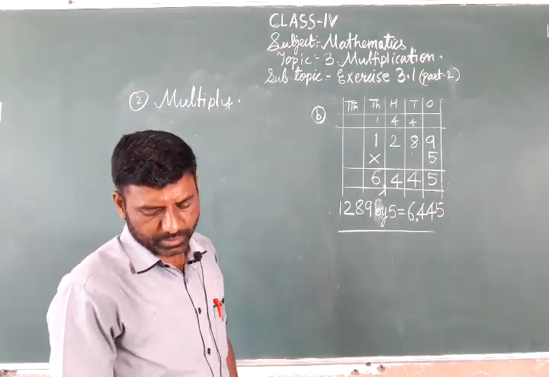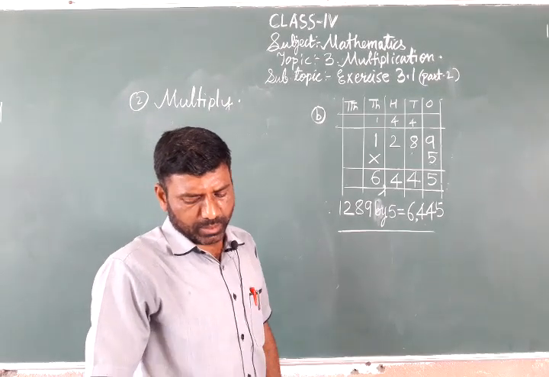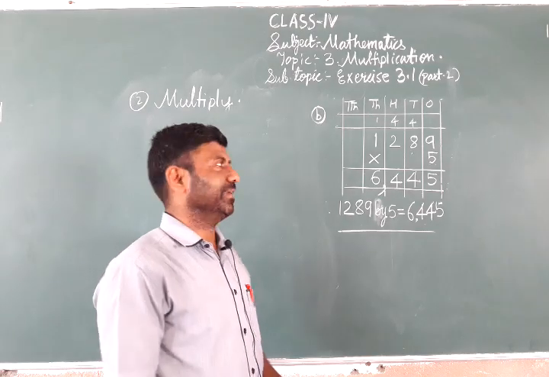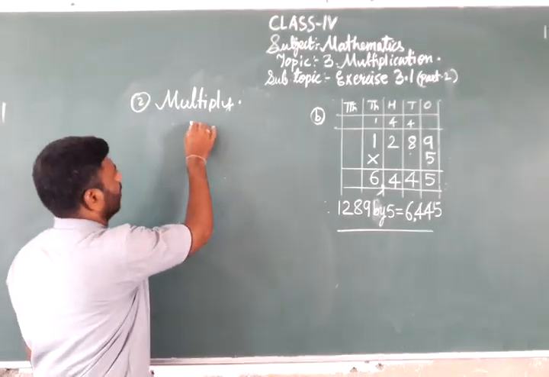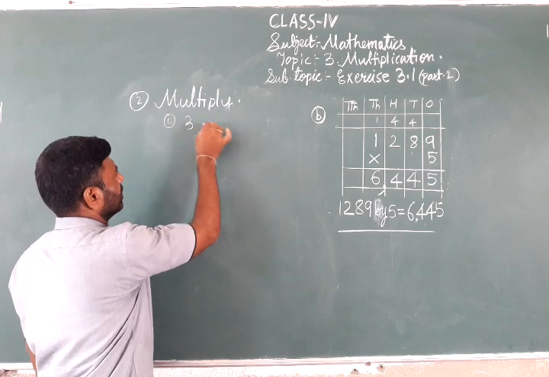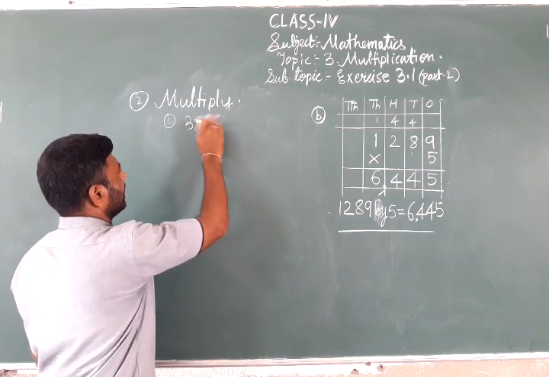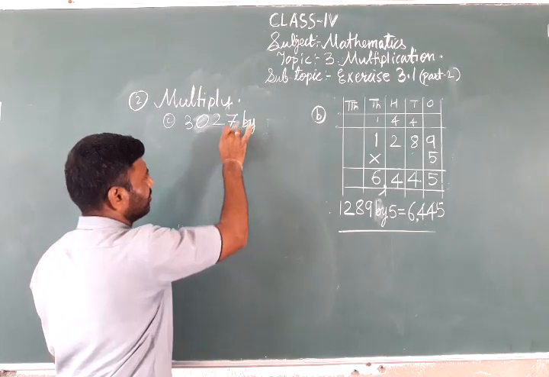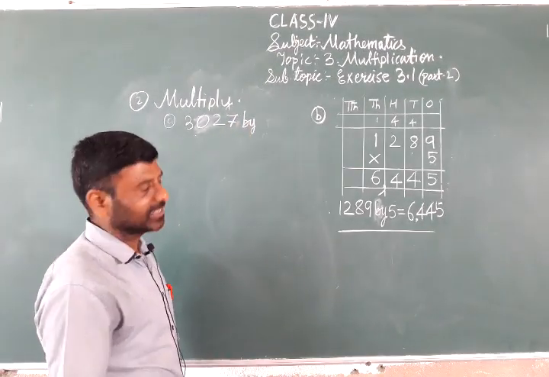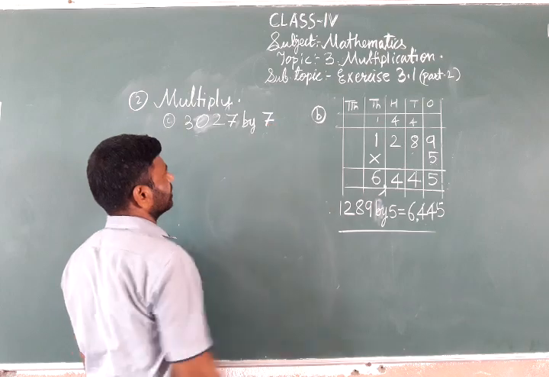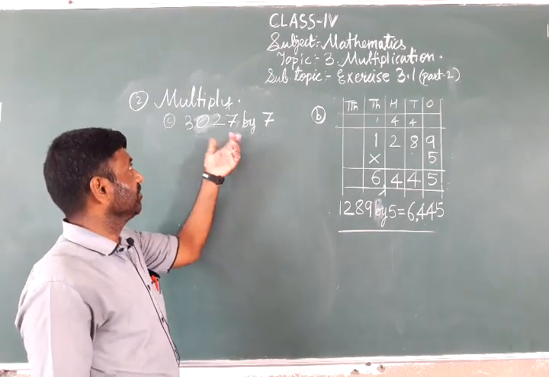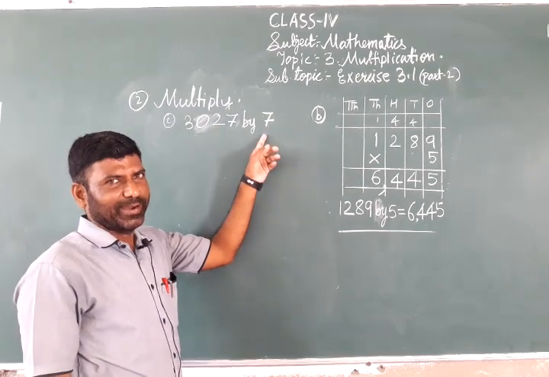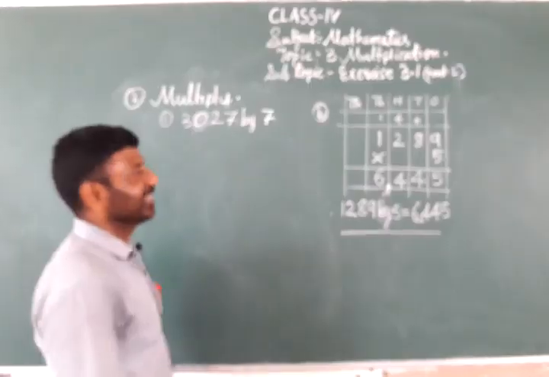Now see. 3027 by 7. 3027 by 7 means multiplication is given there, it means 3027 multiplied by 7. Understand?